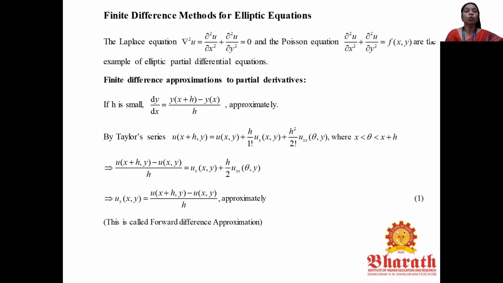So u of x plus h comma y minus u of x comma y by h can be taken as ux of x comma y. That is the derivative. We are finding the derivative of u of x comma y with respect to x, which is equal to u of x plus h comma y minus u of x comma y by h approximately. So this is called forward difference approximation.